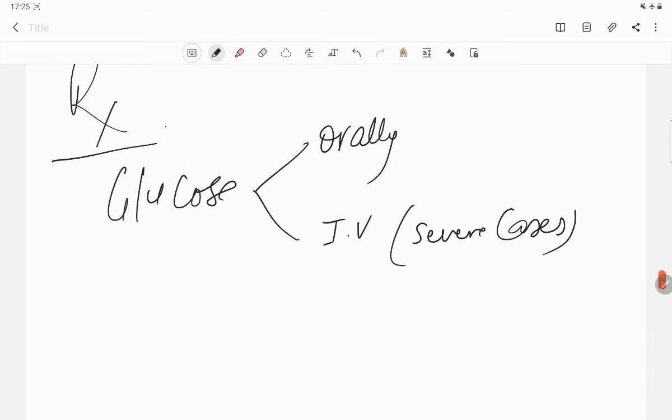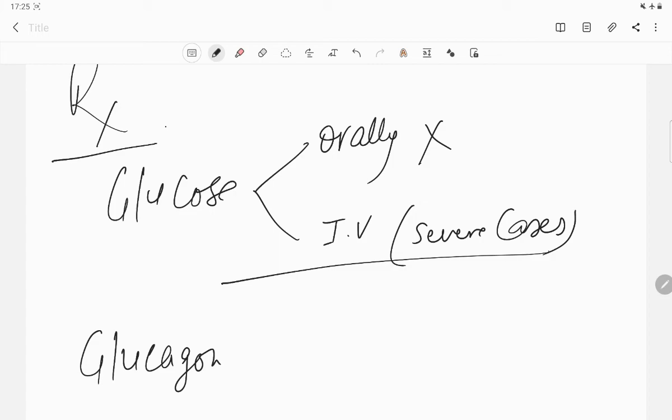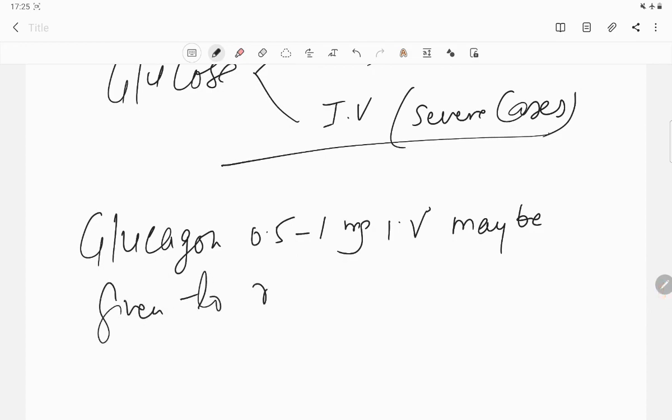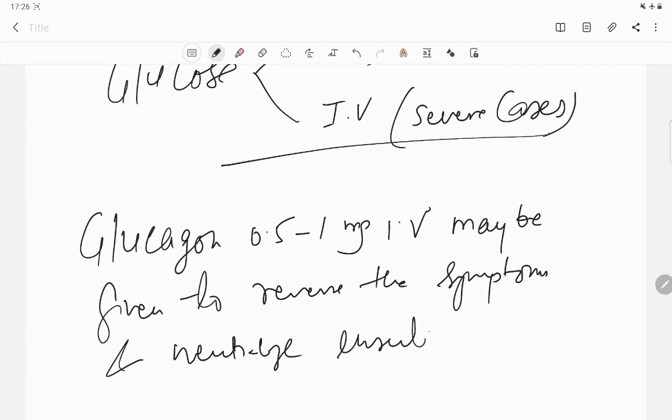Now if the patient cannot take glucose orally, this option is gone, and IV glucose is not available at that time, glucagon, which is an antagonist of insulin, 0.5 to 1 milligram IV, may be given to reverse the symptoms and neutralize insulin action.